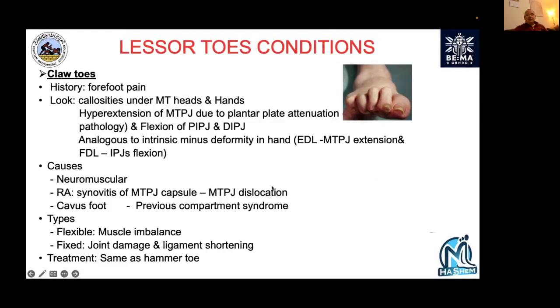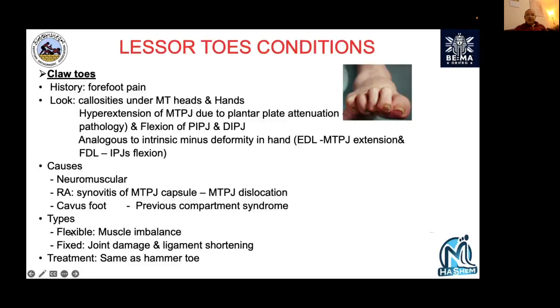Definitely, if you have a previous compartment syndrome and the flexors are already contracted, it gives you the same problem. So the commonest cause is neuromuscular, with contraction or overaction of the flexor muscles. Could be rheumatoid, could be a cavus foot, which again is a neurological condition, could be a previous compartment syndrome with contraction of the flexors, which gives you the picture of claw toes.